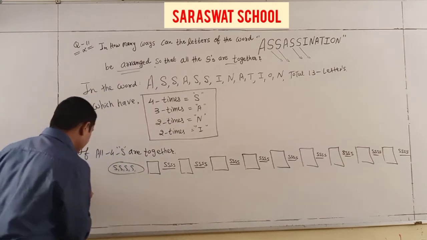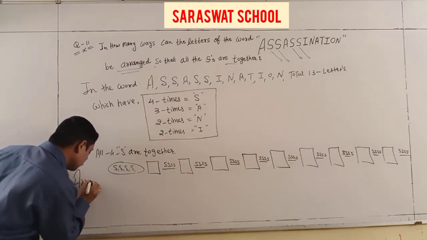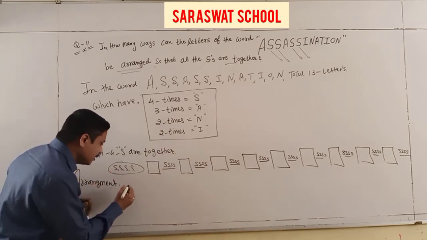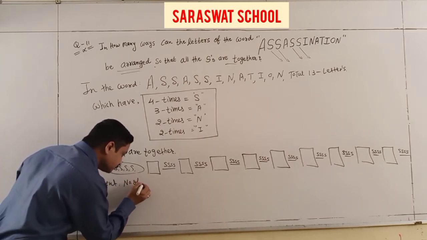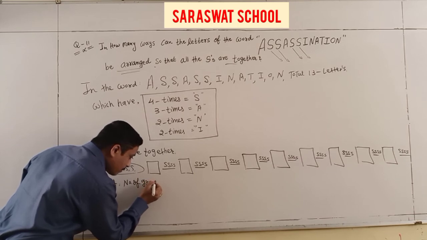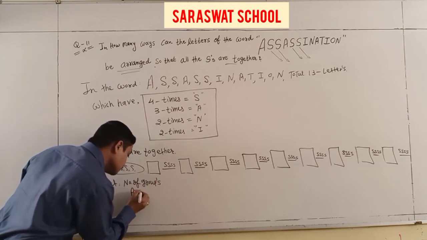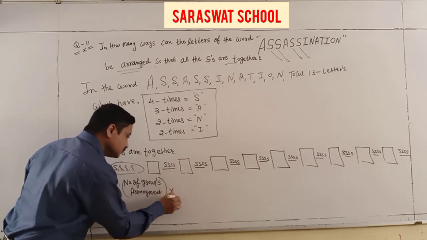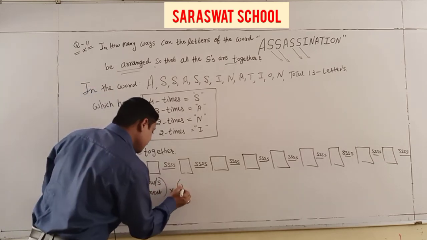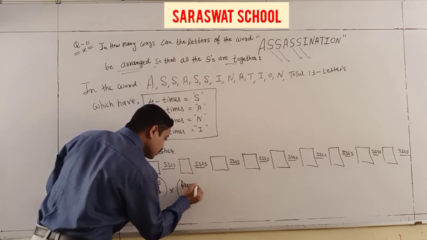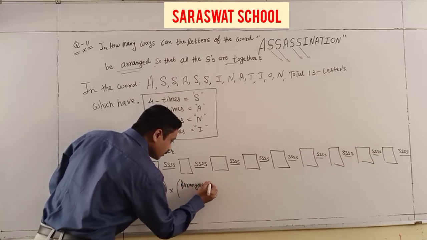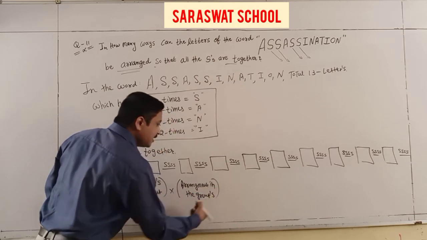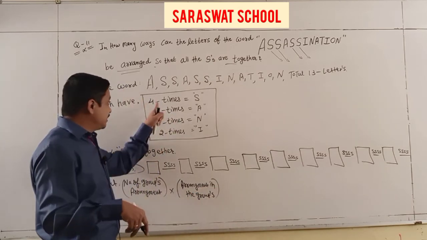So my formula is simple: number of groups arrangement into arrangement within the group. In the group arrangement, letters are repeated.